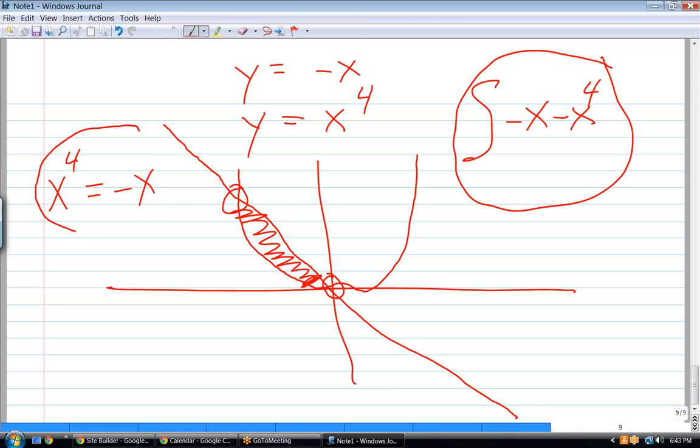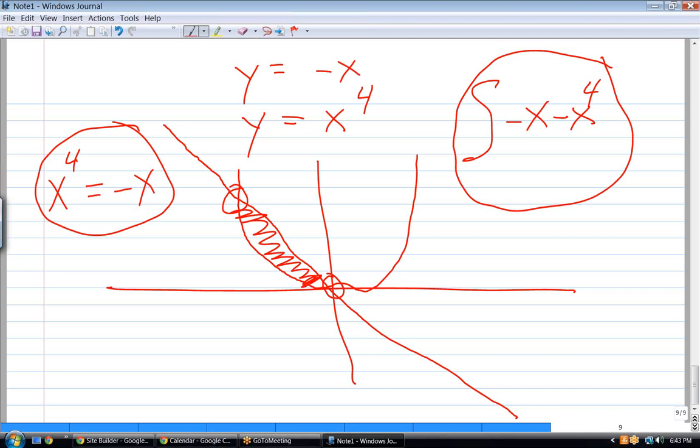How do we solve this? We could divide both sides by x. Believe it or not, you can't do that. The reason being is that since x could possibly be 0, if you're going to divide both sides by x and 0 is a solution, you're going to lose it by doing that.